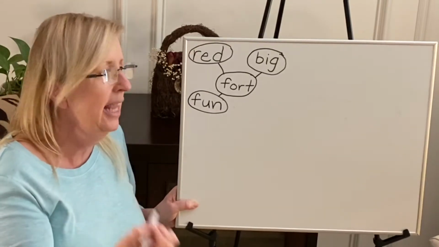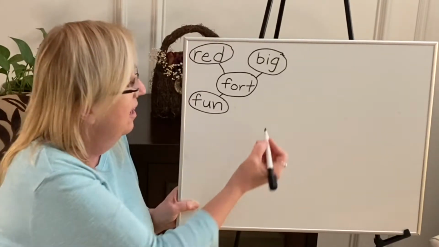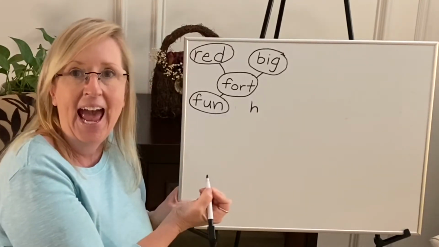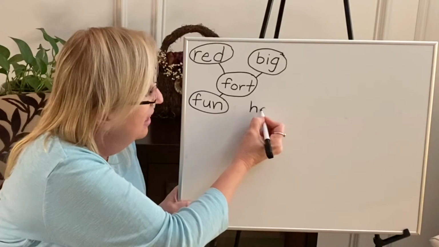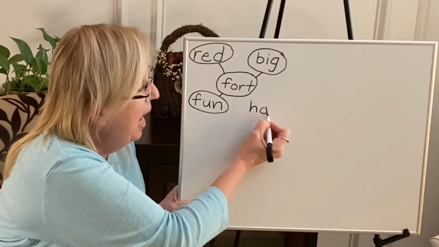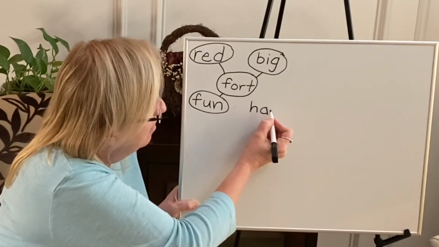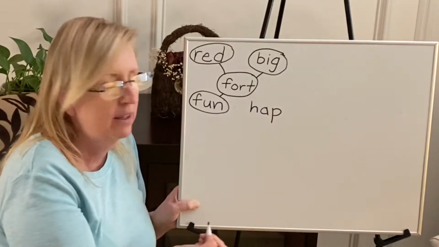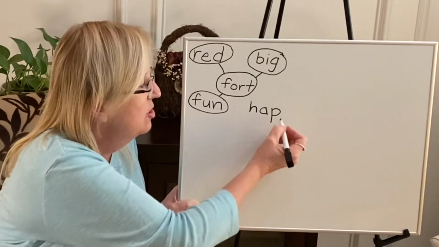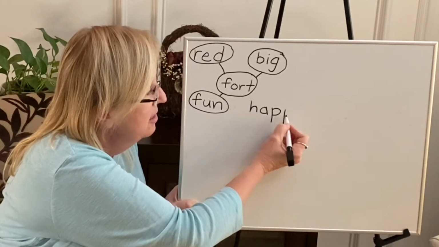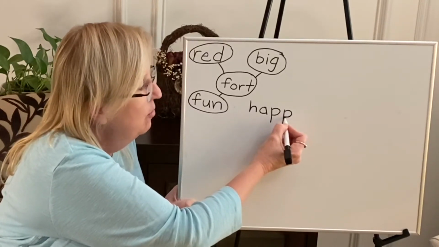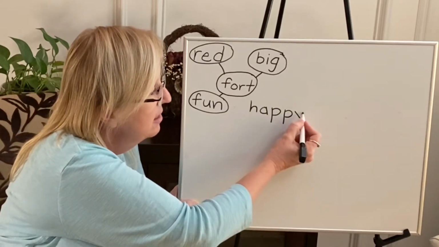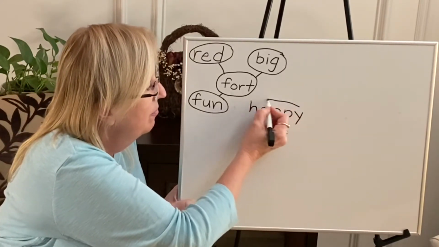And happy. H, A, hap, hap, hap. And this one happens to have two P's, this word happy. And we know that the E sound on the end of words is almost always the letter Y.